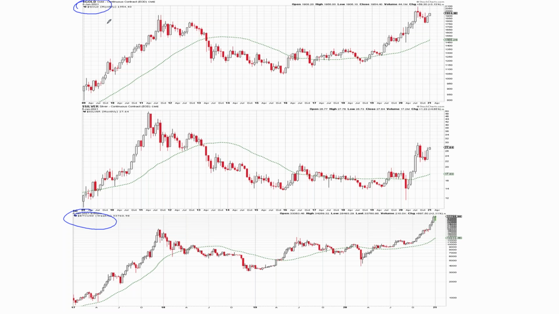Gold chart is monthly bars. The bottom chart, Bitcoin, is weekly bars. The climactic peak in gold occurred in 2011. Climactic peak in Bitcoin occurred in 2017. But look at the family resemblance between these two structures, gold and Bitcoin.